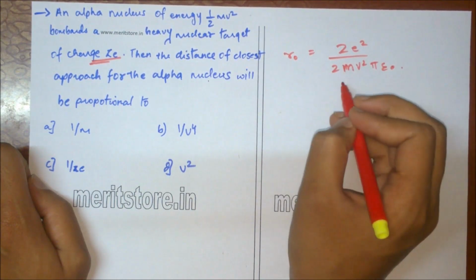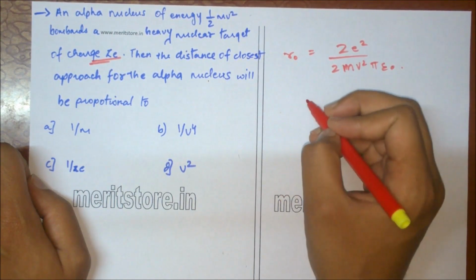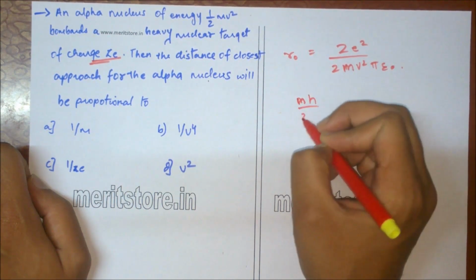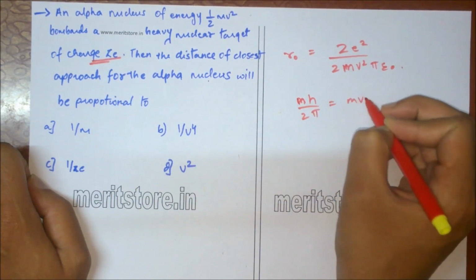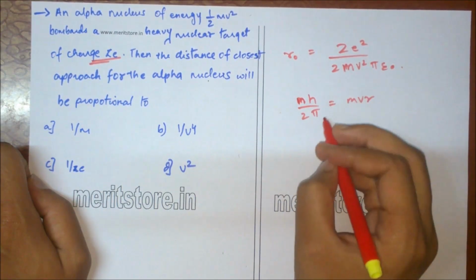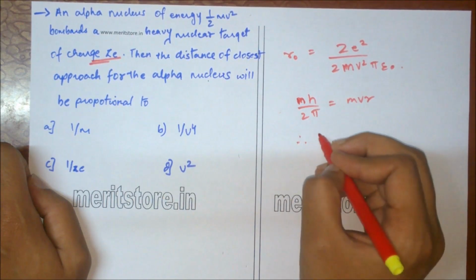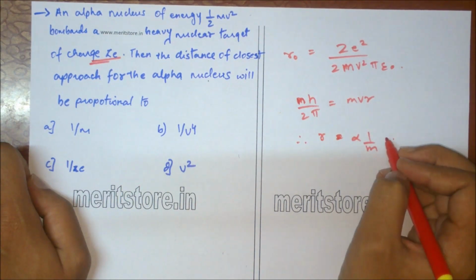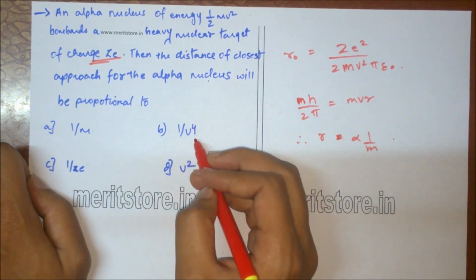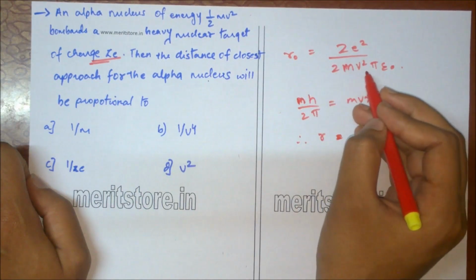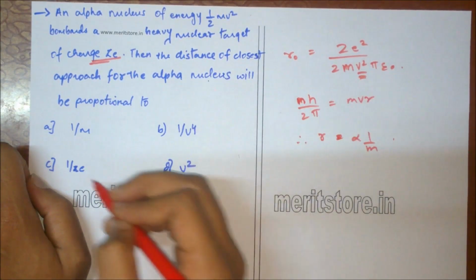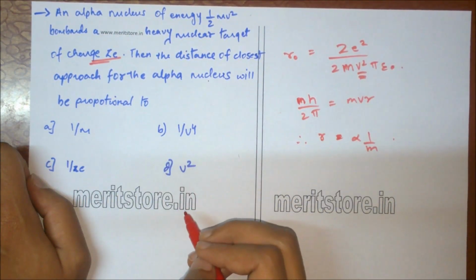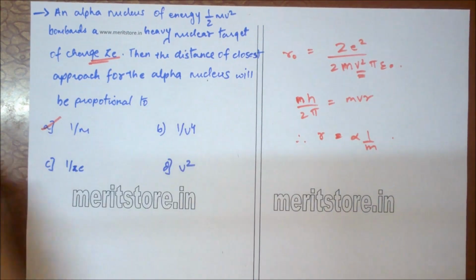This can be derived from the second Bohr postulate, mh upon 2 pi is equal to mvr. Now from this we know that r is inversely proportional to the mass m. It is not inversely proportional to v raised to 4. It is inversely proportional to v square. It is directly proportional to Z. So option A is the appropriate answer.